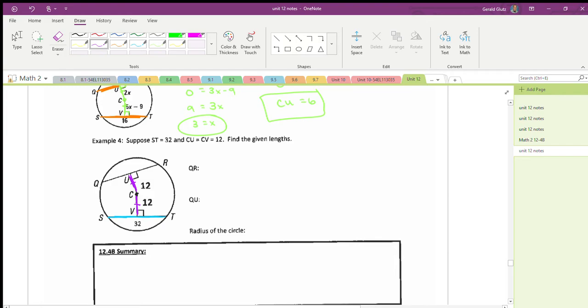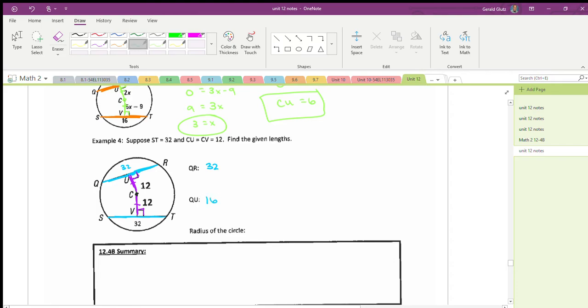So if I know these two purple ones are congruent, they're both 12, and they form 90-degree angles with these two chords, what does that tell me about the chords? They have to be congruent. So this is 32, this would also have to be 32. So QR is going to be 32. QU is just half of that, so half of 32 would be 16.